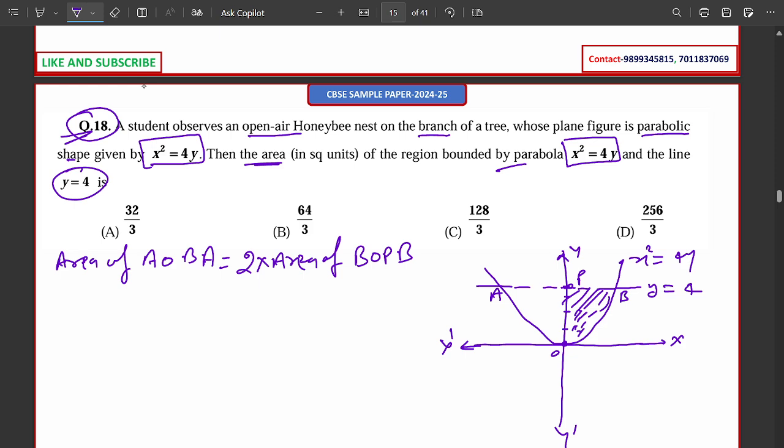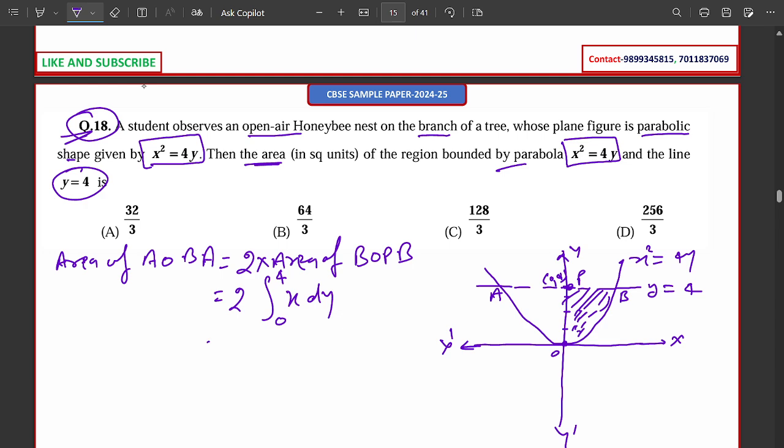This is half part of this graph, and now we all know this is a y axis graph, so the formula will be integral from 0 to 4, because this point is 0 to 4, so the limit will be 0 to 4, x dy. So this will be the formula for this one.